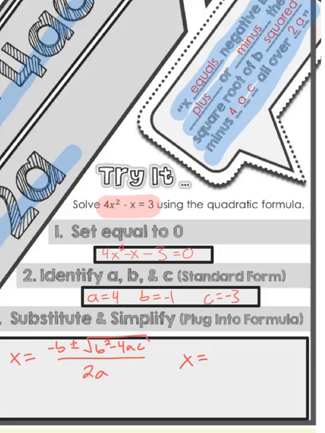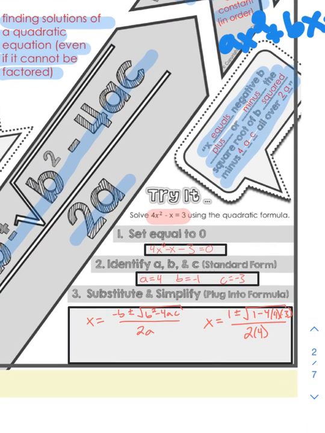So now let's plug in those numbers. X equals, b is already negative, so when I plug in negative 1 for b, negative b is now positive 1, plus or minus the square root. Negative 1 squared is 1, minus 4 times negative 3, all over 2 times 4. I'm going to move over here to simplify that.